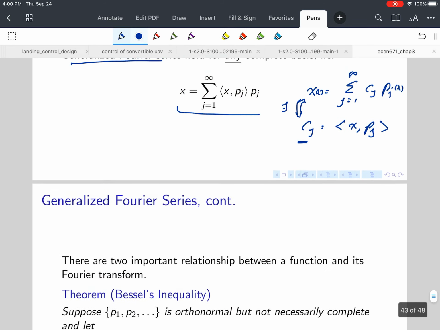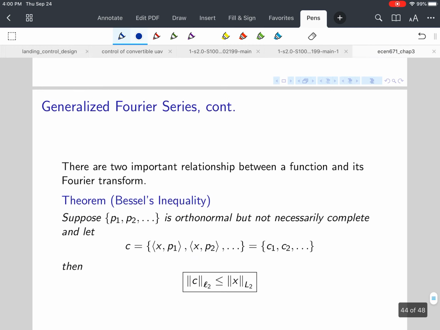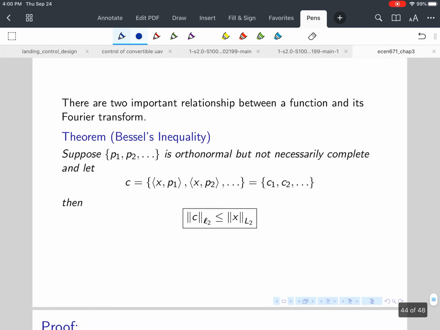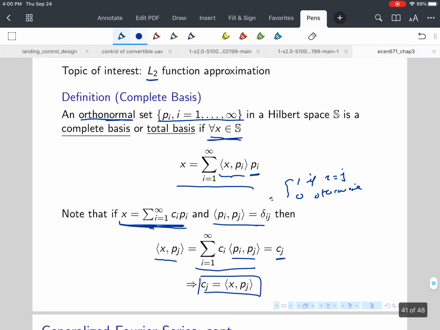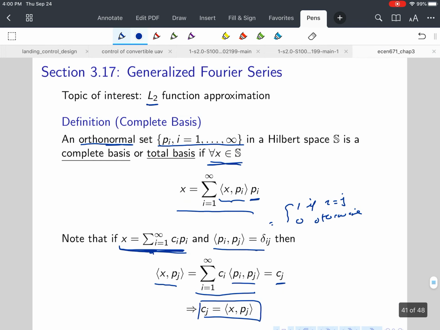All right, so given a generalized Fourier transform, there are a couple of important relationships between the function and its Fourier transform. Again, we have an orthonormal set of vectors. It's a complete set if every x in S can be written like this.